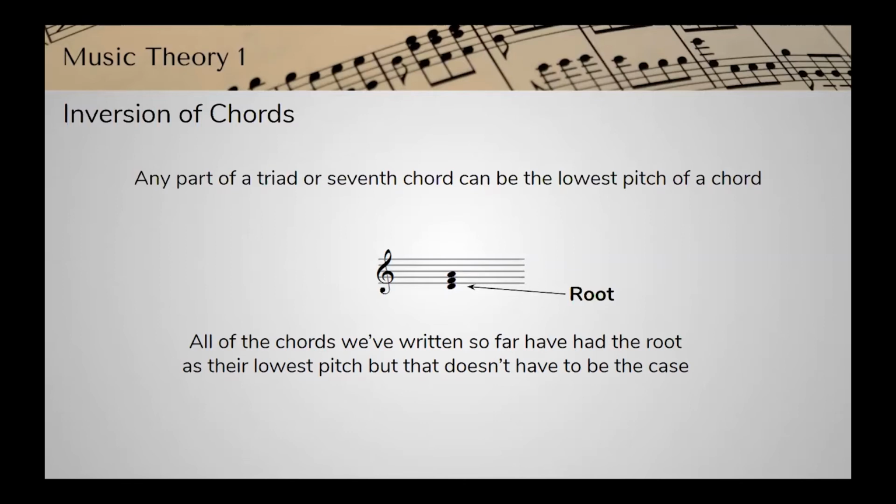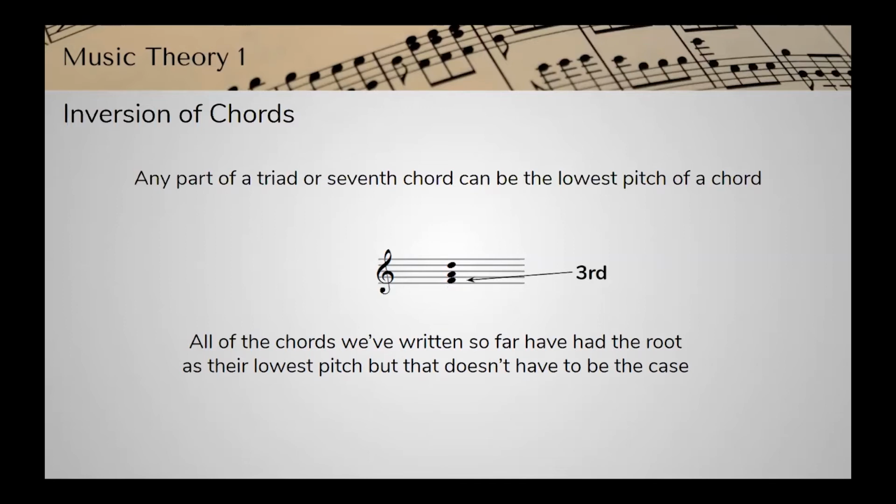So here, this is a triad with a root in the bass, but you can invert it by taking that root and moving it up an octave, just like you would invert an interval. You're just flipping part of the chord up an octave. And now a different note is in the bass. It's the third.